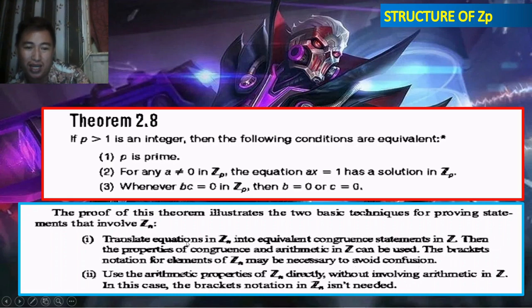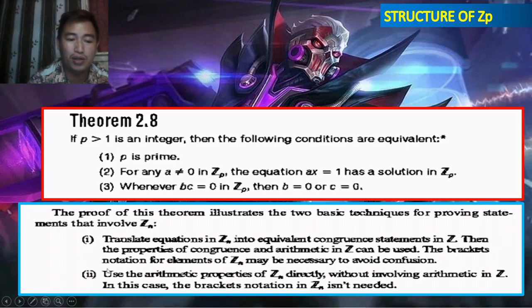Number 2, use the arithmetic properties of Zn directly, without involving arithmetic in Z. In this case the brackets notation in Zn isn't needed.